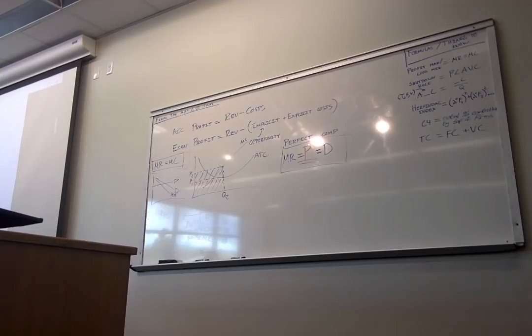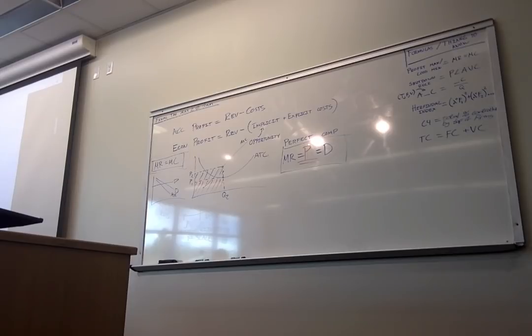Okay, then who can explain the shutdown rule to me real quick? Price is less than average variable cost. Good job, you can read. This is something where a lot of people get caught up.